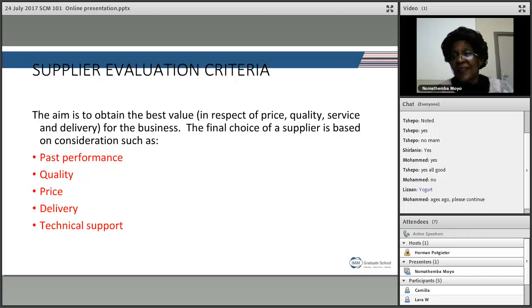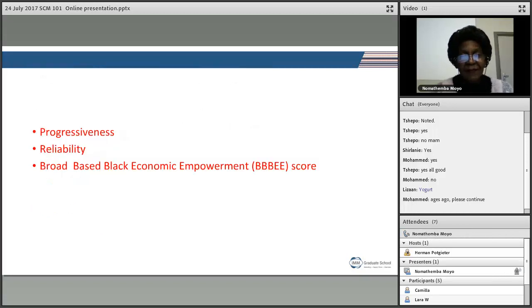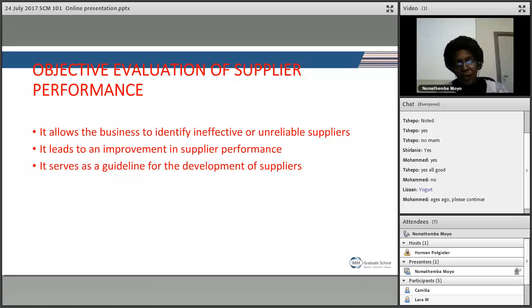There are organizations that are known for quality. Price, delivery, and technical support. Progressiveness, reliability, broad-based Black economic empowerment score. You are looking at that. Remember, broad-based Black economic empowerment is mostly in South Africa.